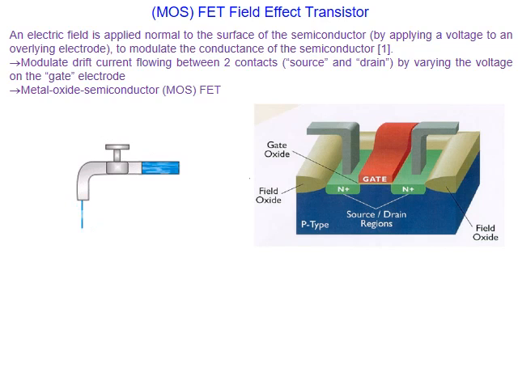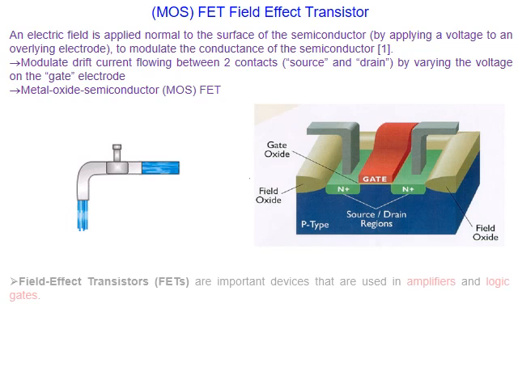What we have here are three terminals, which we will call drain, gate, and source. As you can see here, this is the source, the drain here, and the gate here.